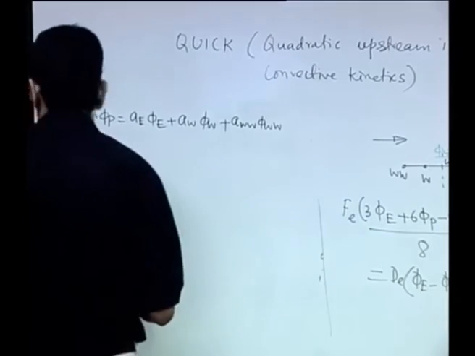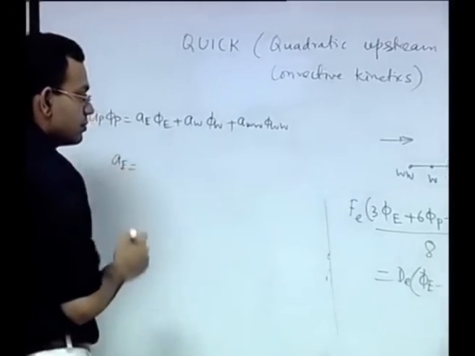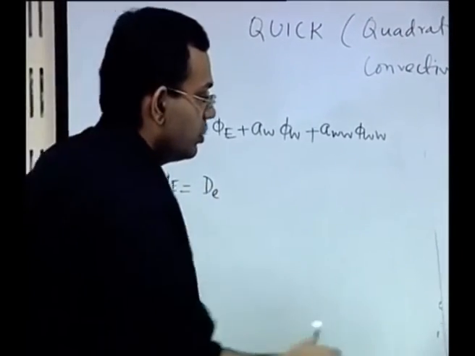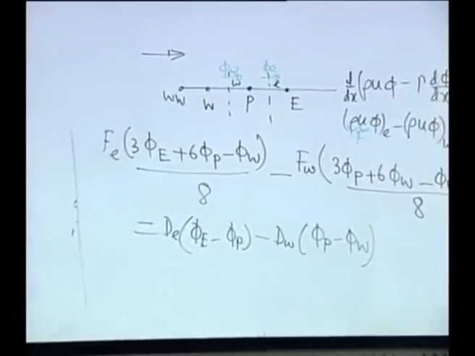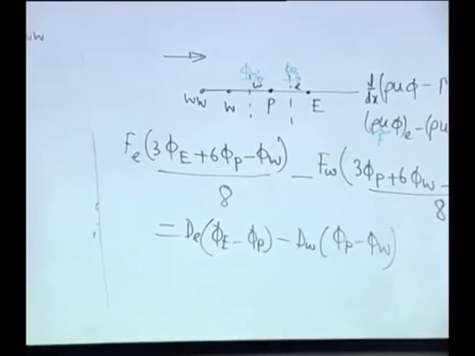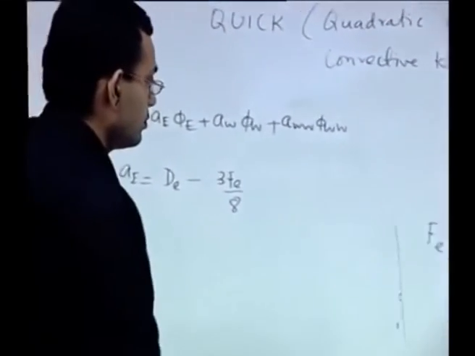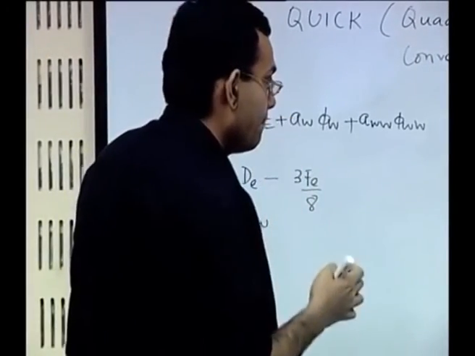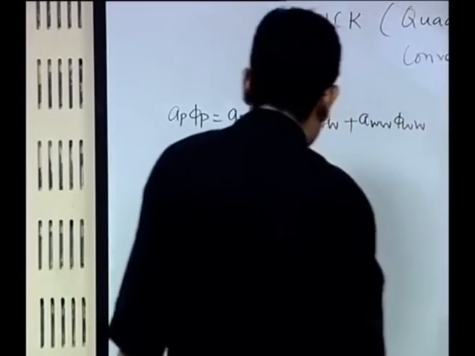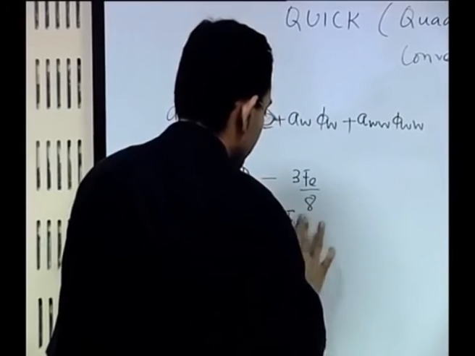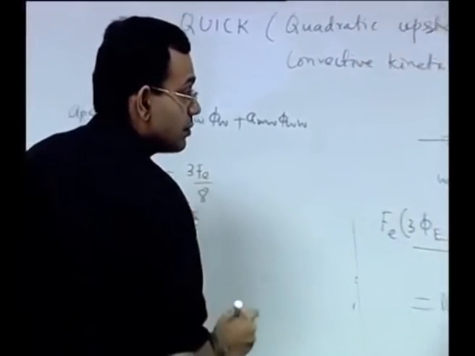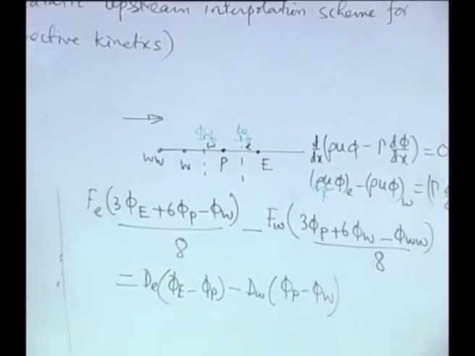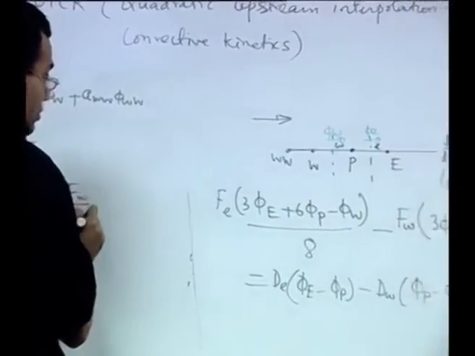So, what is AE? DE minus 3 FE by 8. What is AW? dW plus Fe by 8 plus 6 Fw by 8.